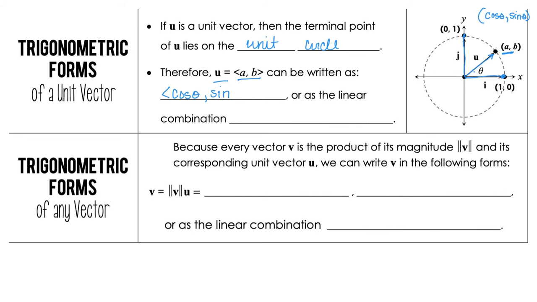So we could really take U and write it in this form of cosine and sine, or the linear combination. We could break it down even further and say, well, really U is equal to cosine theta I plus sine theta J.